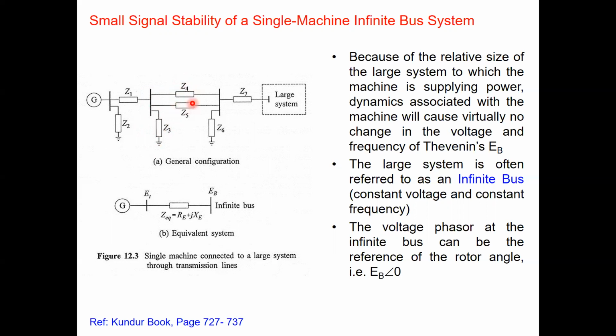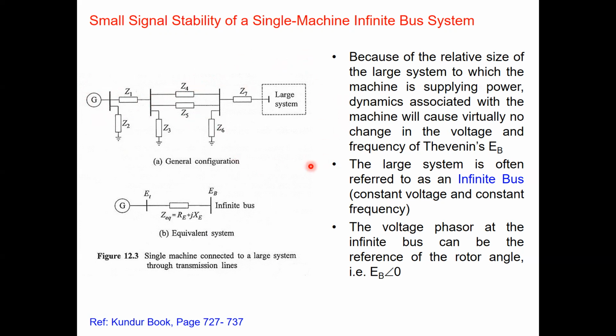And then you have your line here. What you can see here are two parallel transmission lines, and then at the other end, again you have a certain admittance, and then it is connected to a large network. That means you have the connection of one generator through a line to a large power network.